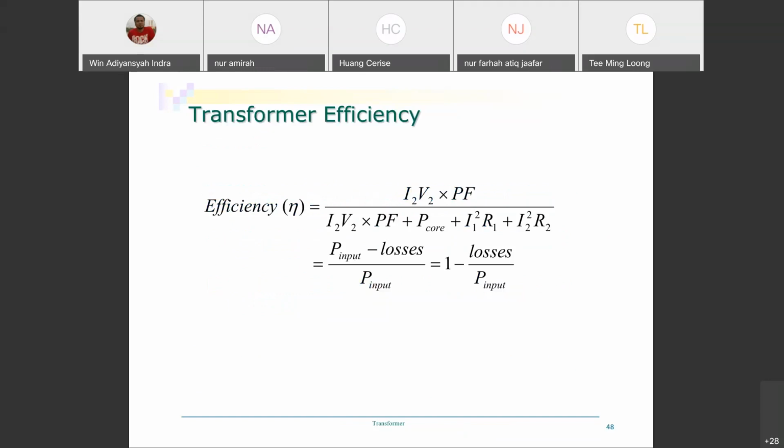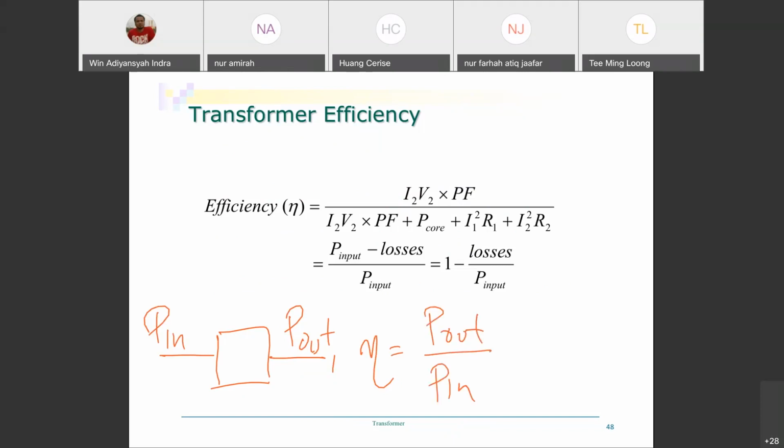So in general, to find the efficiency, if this is input, process, this is output, input, output, efficiency is always equal to P out over P in, right?